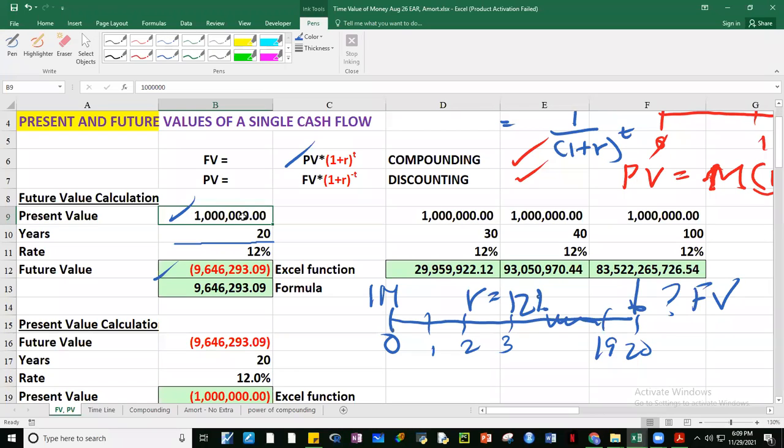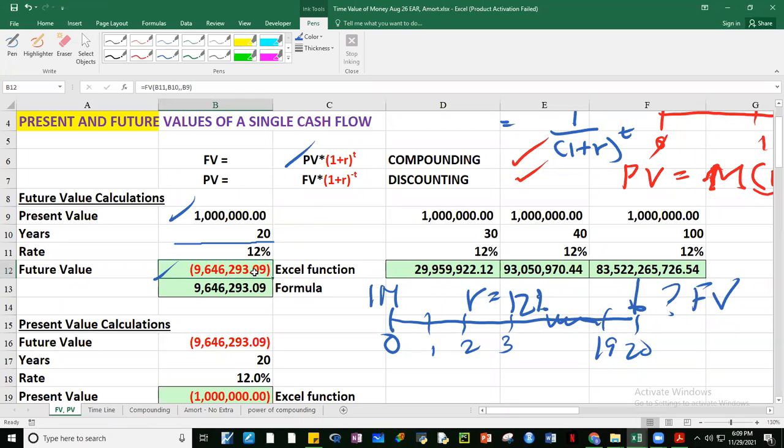So it could have been a loan for the company. So we have a positive value here. So after 20 years, it should be negative, because if we have a loan now, then after 20 years we have to repay that loan. And the amount that we're going to repay is 9.646 million.